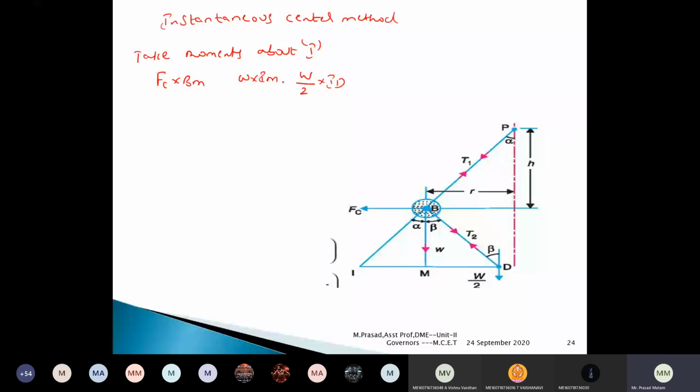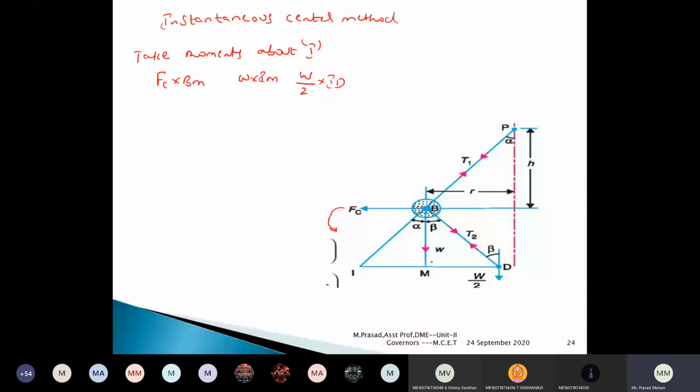Now we have to decide whether to give plus or minus symbols. How is Fc moving with respect to this I? If I am rotating like this, it tries to move in an anti-clockwise motion. Now what about this w, how is it moving? It tries to move with respect to I in a clockwise motion.